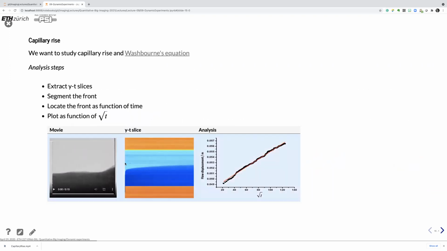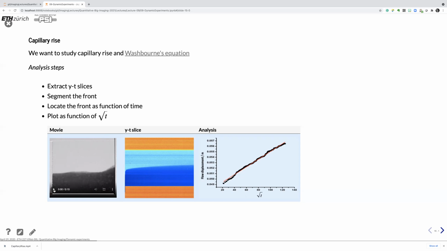Here is an example that I usually do as a student exercise at my beamline. This is done using neutron imaging, and neutrons are very sensitive to hydrogen, so we see the rise of water very well. It's like day and night difference, as you can see in this image.